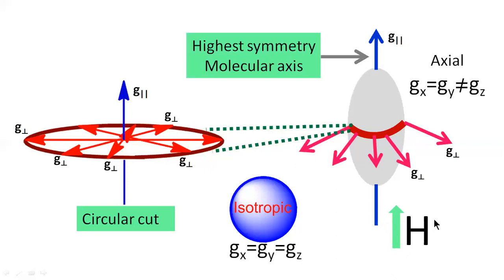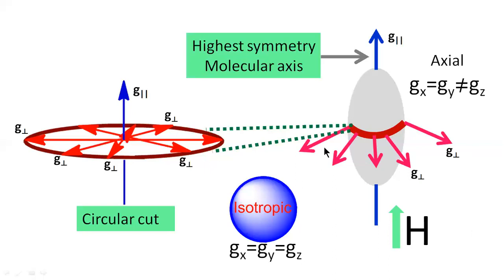If the z-axis of the molecule is parallel to the laboratory axis, then it is G parallel. If it is perpendicular to the laboratory axis, then we associate G perpendicular with it.